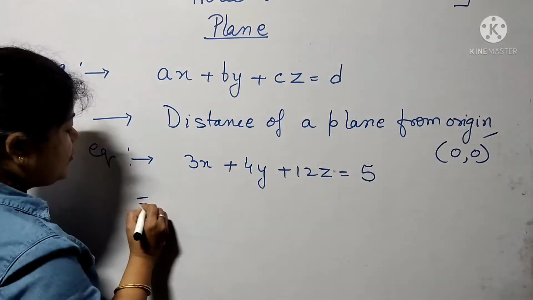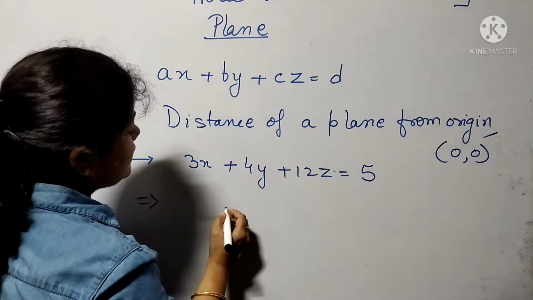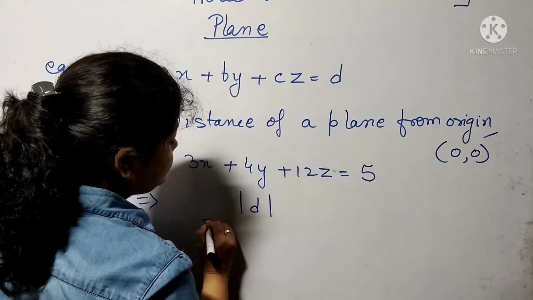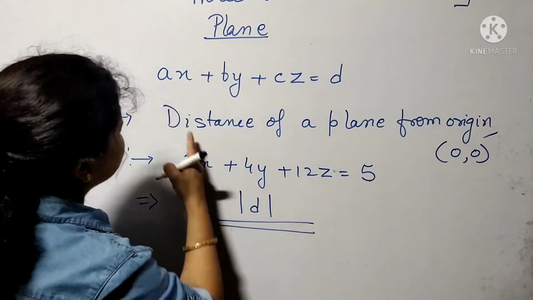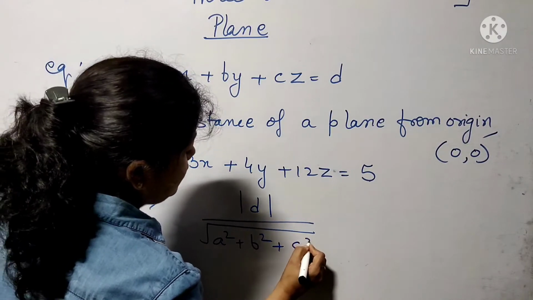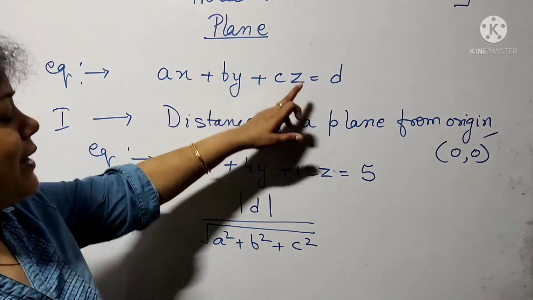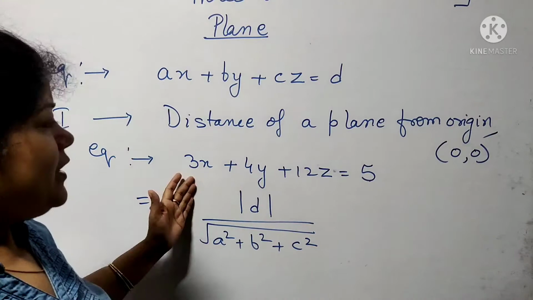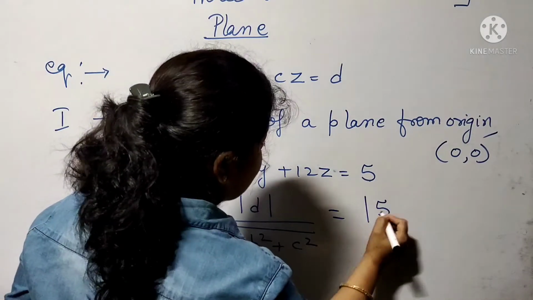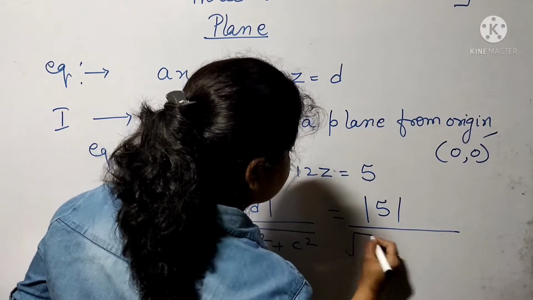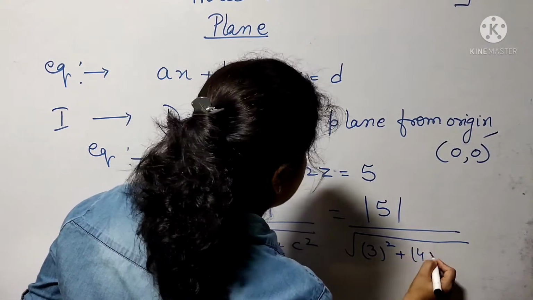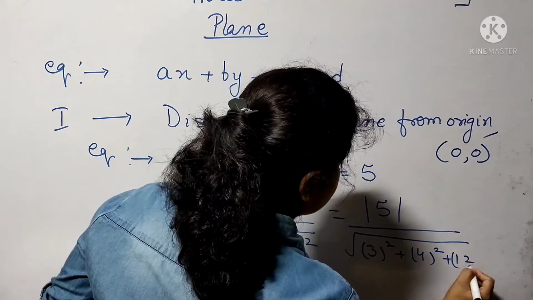तो इसका फॉर्मूला होता है ओरिजिन से निकालने के लिए, this is d, that is mod of d under root a square plus b square plus c square, all the coefficients of x, y and z. So very simple. So what is the value of d over here? Mod of 5 under root 3 square plus 4 square plus 12 square.